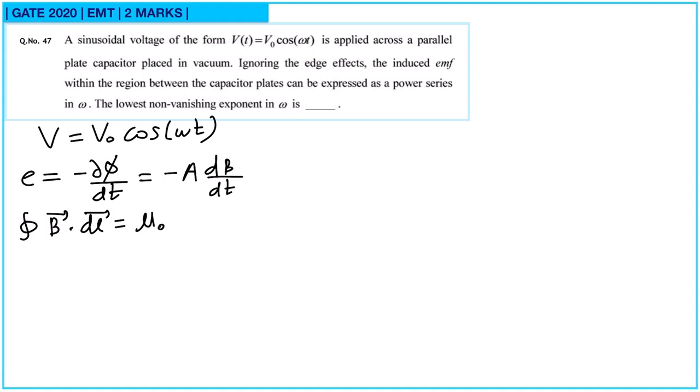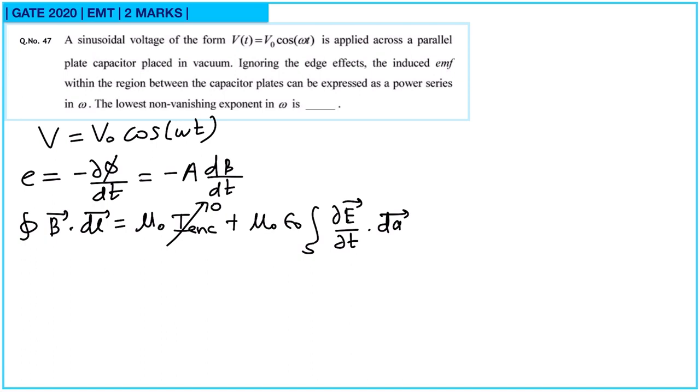We will use Maxwell's relation, mu naught I enclosed plus mu naught epsilon naught surface integral over dou E by dou t dot dA bar. Current enclosed is not there because it is a capacitor, so this will be 0.